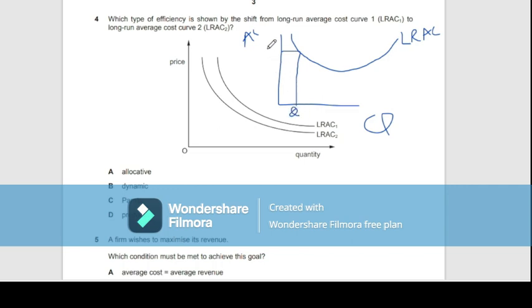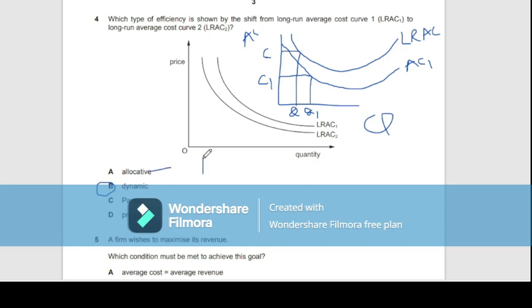This is because the firms are both allocatively and productively inefficient. So because of the abnormal profits that they make, the firms are able to reinvest that profit in new technologies through research and development. Hence, they're able to push the average cost curve down but still remain inefficient. Therefore, this is what we're calling dynamic efficiency. So this is dynamic efficiency.